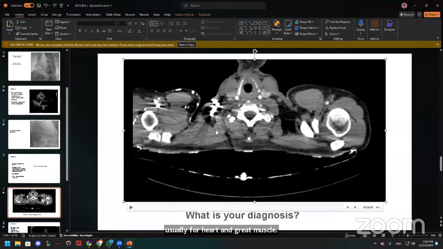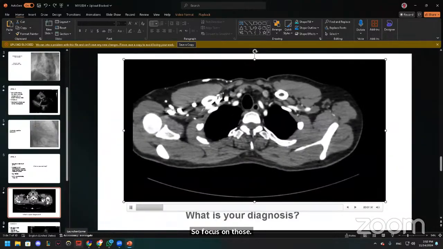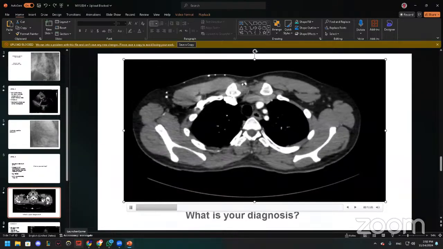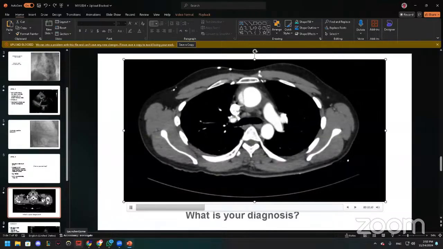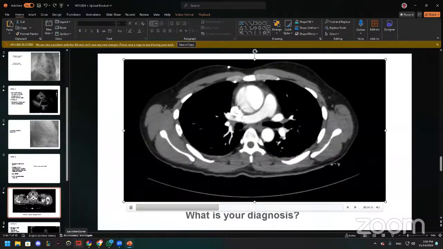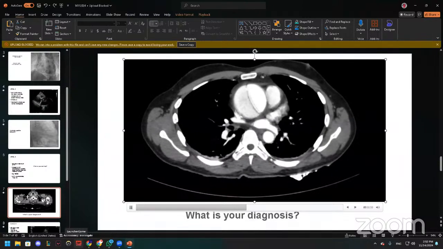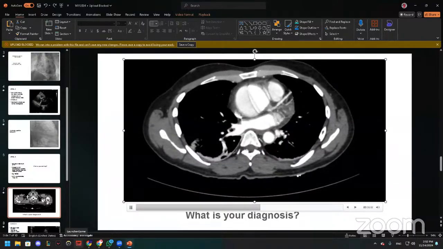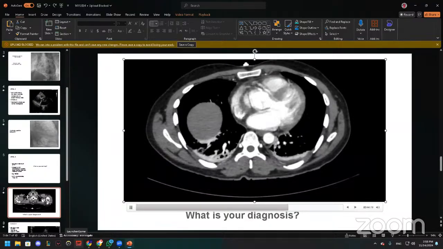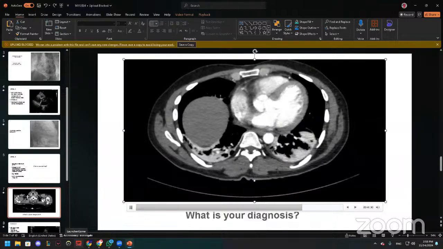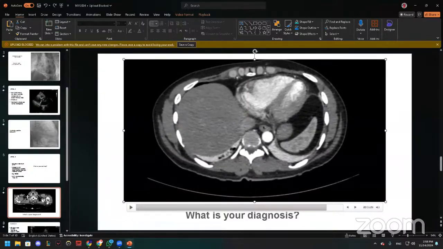So focus on those. Okay, that's enough. The rest is for vascular surgeons.